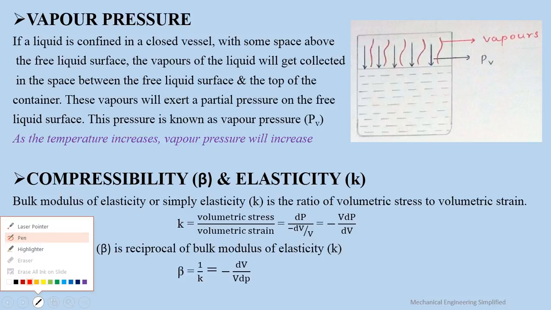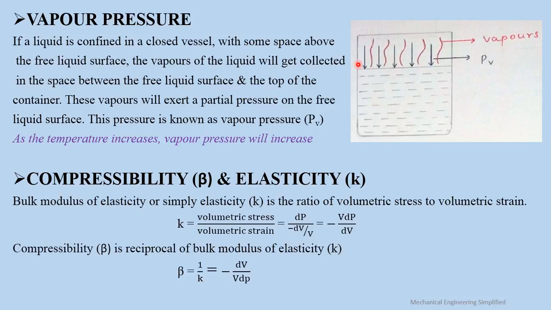Okay, so this is a container, there is liquid kept in it with the free liquid surface, and this is a closed container, so this part is empty. In this part the vapor from this liquid gets collected, and these vapors exert the partial pressure on this free liquid surface, and that is known as vapor pressure, denoted by PV.